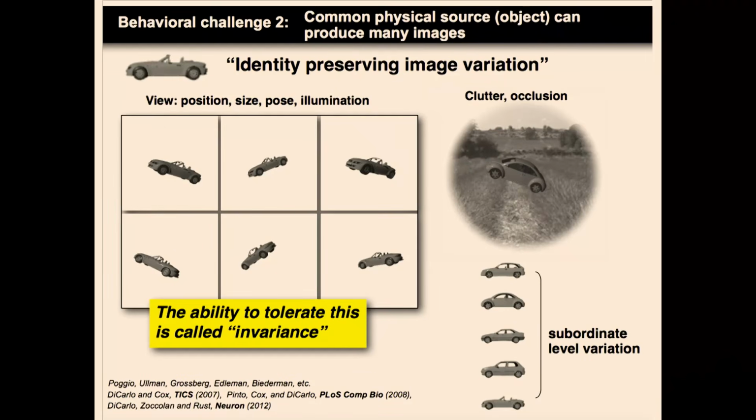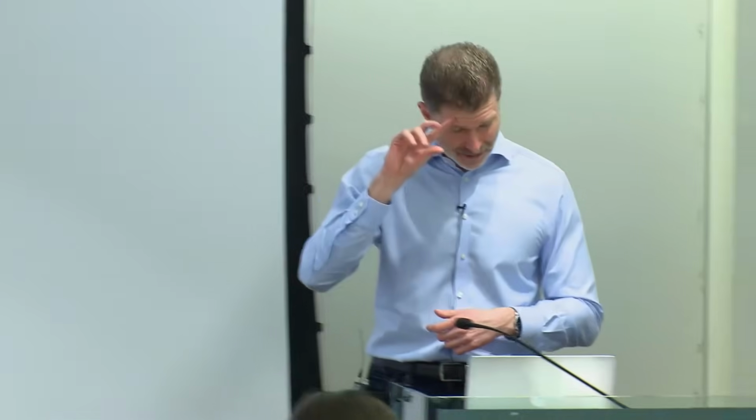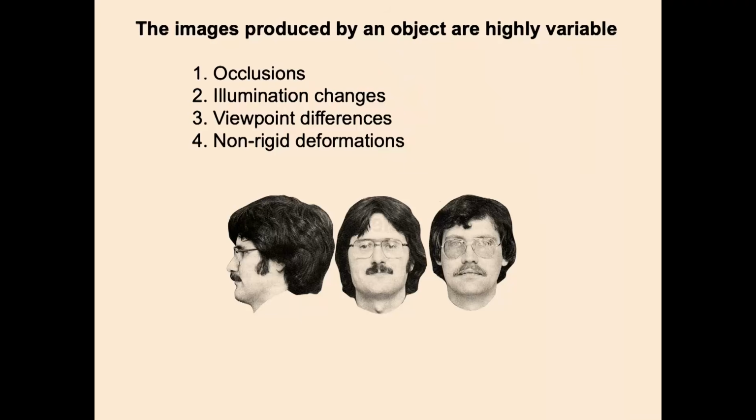The ability to tolerate this kind of variation is normally referred to as invariance. We talked about this at the very start of the class. One of the things that's hard about perception is that you have to recognize things invariant to all these sources of variation. The images produced by an object are highly variable. This can be due to occlusions, illumination changes, viewpoint differences, non-rigid deformations.